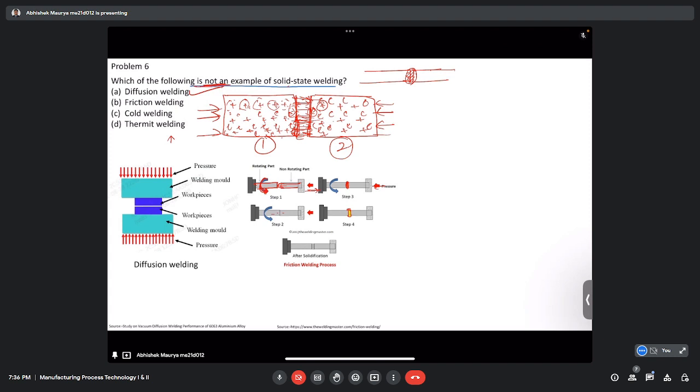This process is called friction welding.